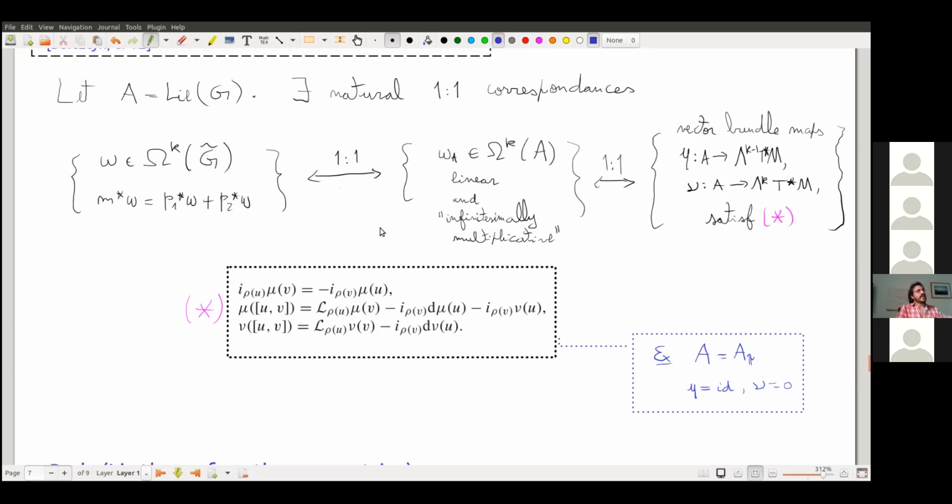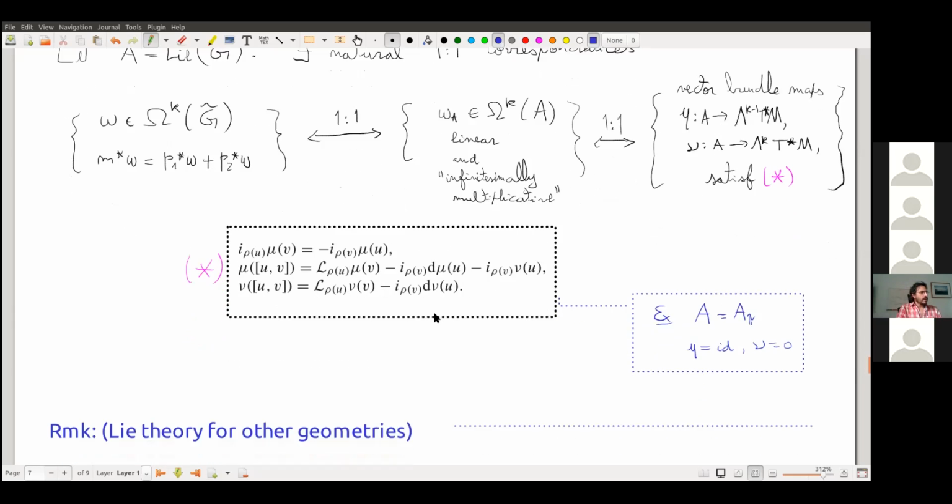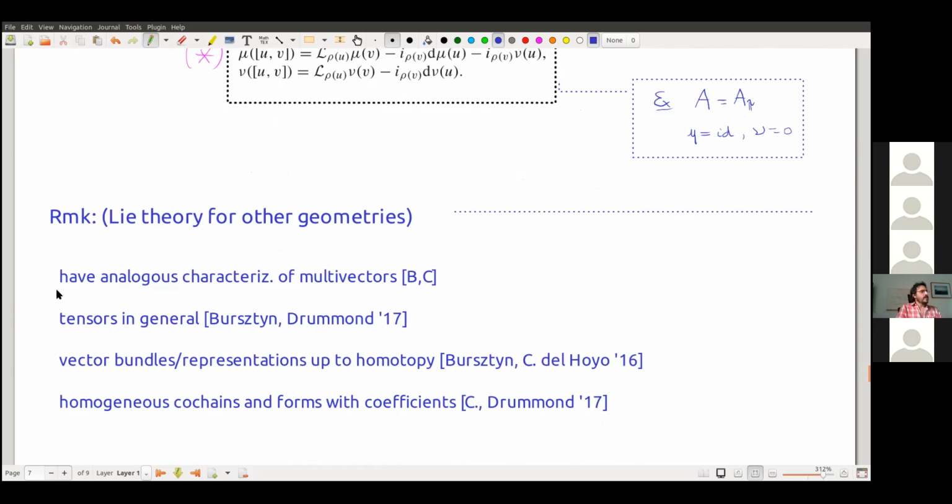This can be put in action and obtain corollaries, but I don't have time to mention those. Here, I just mentioned many things. There are other geometric structures that live on the groupoid, which are compatible in a suitable sense, and that can be characterized infinitesimally.